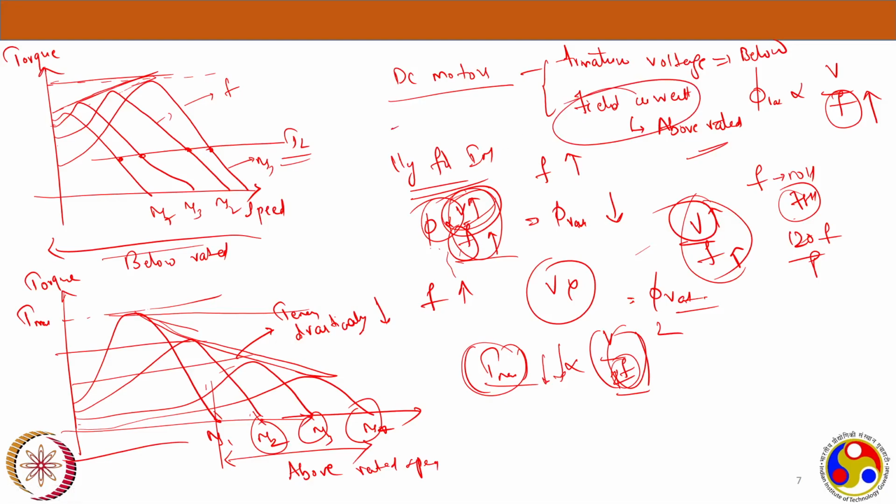Interestingly, the phenomenon is similar to the speed control of a DC machine above the rated speed. Here also above the rated speed we are controlling the flux. So above rated speeds, in both DC and induction machines, you have to just control the flux.